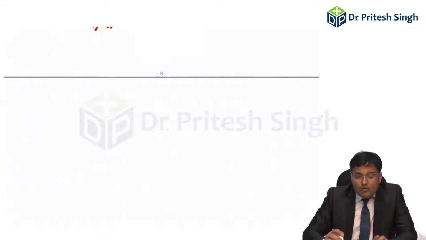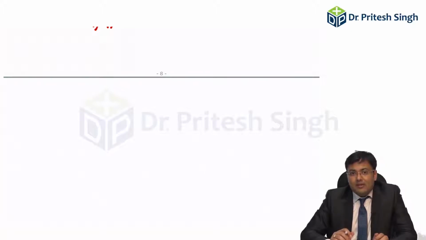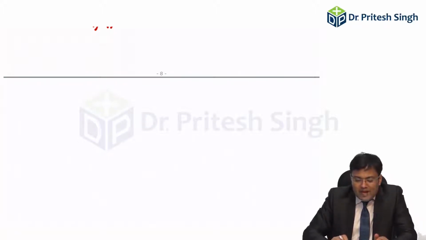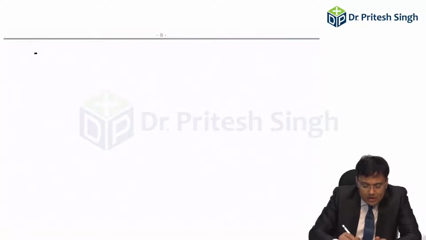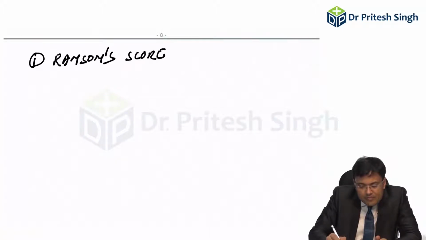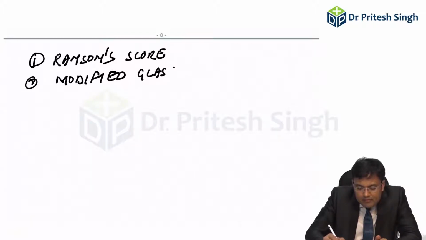There are various prognostic factors or markers which are asked in acute pancreatitis, which tell you whether patient is having mild to moderate acute pancreatitis or severe pancreatitis. So what are those various prognostic indicators? First, scoring system. First, Ranson score. Second, modified Glasgow score.